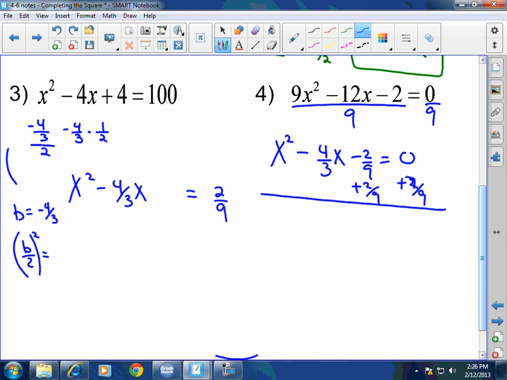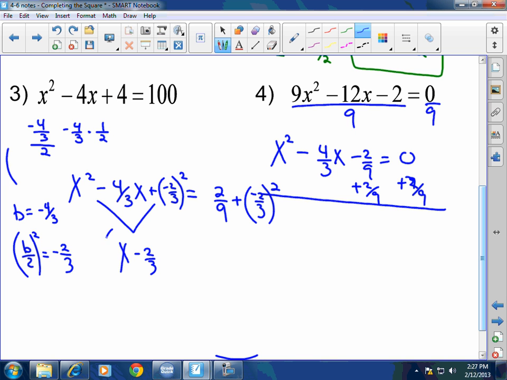It's negative 4/6, but it's going to be negative 2/3. You with me, guys? Yes? So this is going to be plus a negative 2/3 squared plus a negative 2/3 squared. What does this turn into, that perfect square trinomial?